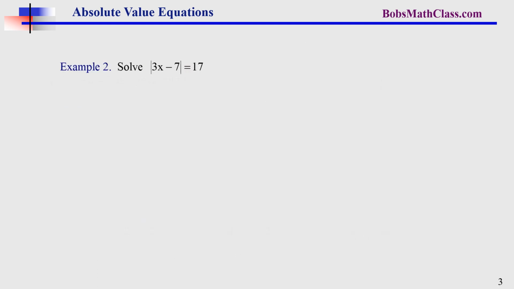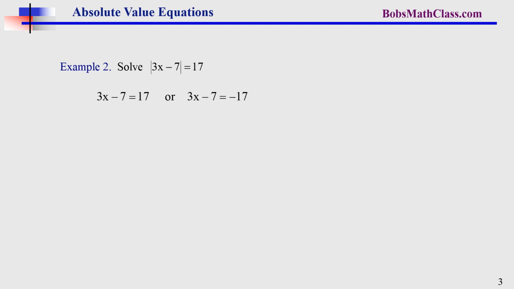All right, let's do another one for practice. You might want to pause the video and work it out on your own. Okay, same step. 3x minus 7 equals positive 17, and 3x minus 7 equals negative 17.